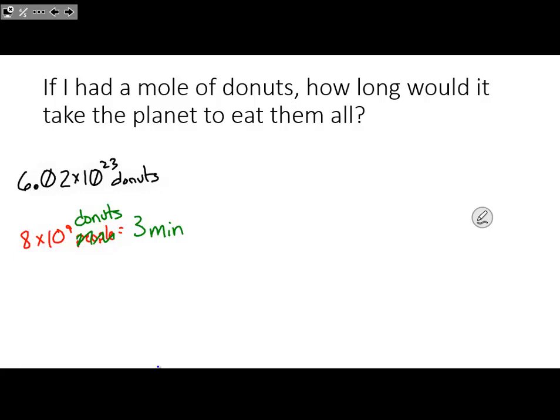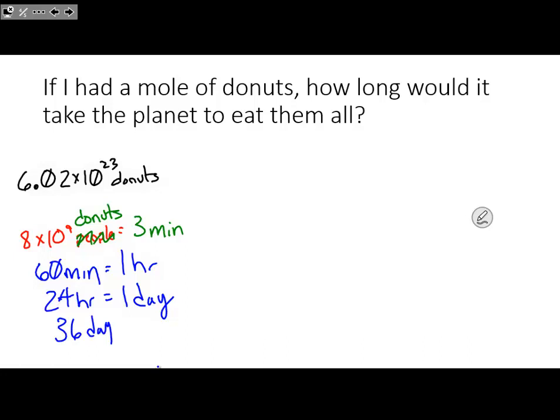Now, I do not know how many minutes are in a year, so instead, let's go about a different way. There are 60 minutes in 1 hour. There are 24 hours in 1 day. And there are 365 days in 1 year. In which case, we now can figure out, using these conversion factors, how long it would take everyone on Earth to eat a mole of donuts.